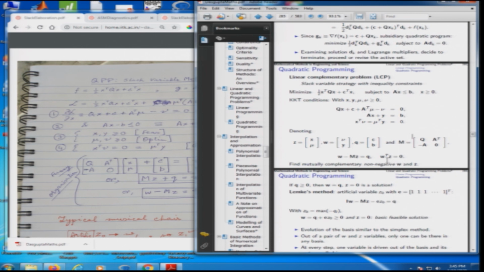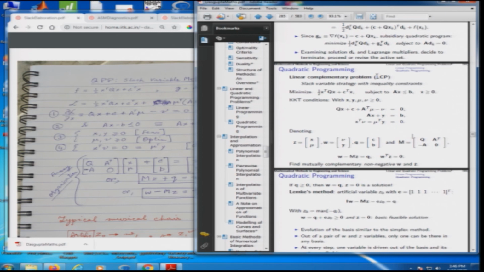Since each of these w's and z's, that is nu's, y's, x's, mu's, is non-negative, this essentially means that each of the products w j z j is 0. That means both of them in one pair, w 4 and z 4, together cannot be non-zero. So, at least one of them has to be 0. This is the complementarity. That is why this is a linear complementarity problem.